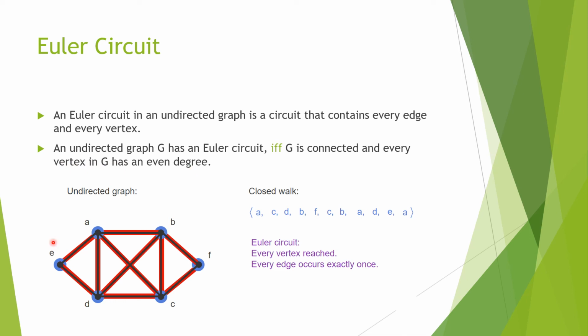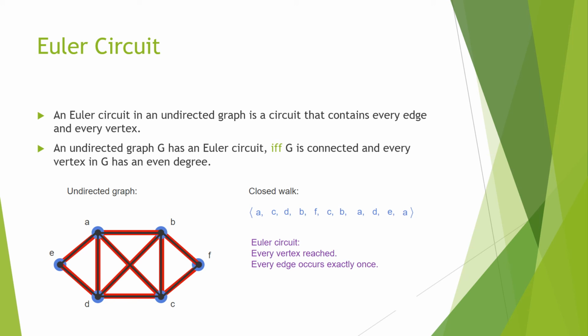For example, in this graph, vertex E has degree 2, vertices A, B, C, and D all have degree equal to 4, and vertex F has degree 2. So all the vertices have even degree: 2 here, 4 here, 4 here, 4 here, 4 here, and 2 here.